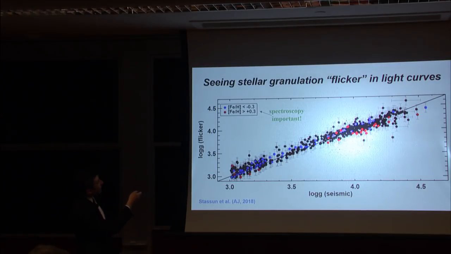It turns out metallicity has a secondary effect on the amplitude of the granulation, on the convective motions, for opacity reasons. If you ignore that effect, you can basically infer the surface gravities via granulation with a typical precision of about 0.1 dex.